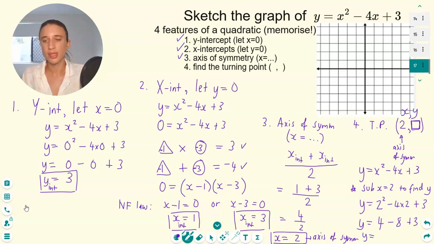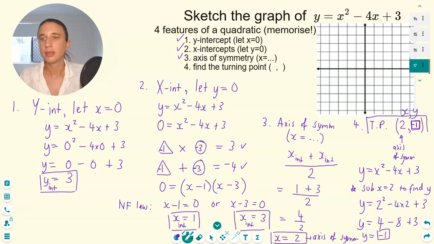And then you can just put that all in your calculator if you like. But I can see 4 take 8 gets me to the negatives. Negative 4 plus 3 is negative 1. And that's going to be the y coordinate of my turning point. So I'm just going to fill in that little box. That little box has found me my turning point.